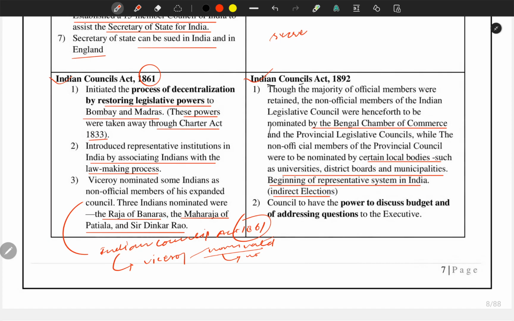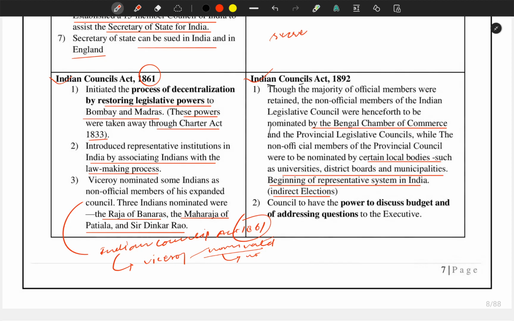Indirect election. So the Indian Councils Act of 1892 is considered the beginning of the representative system in India, and it introduced indirect elections in India basically. In the previous Indian Council Act of 1861, we talked about the Viceroy nominating some Indians as non-official members of his expanded council.